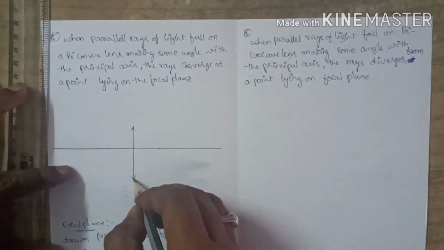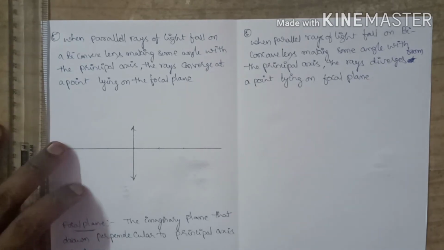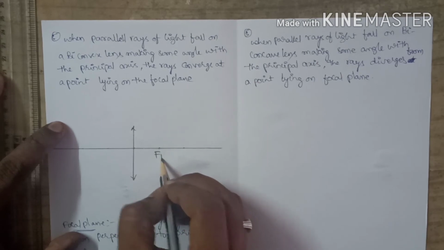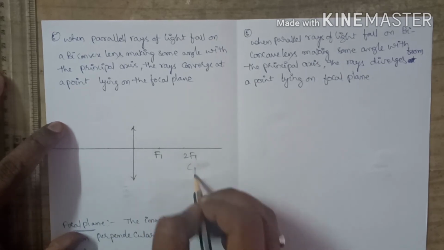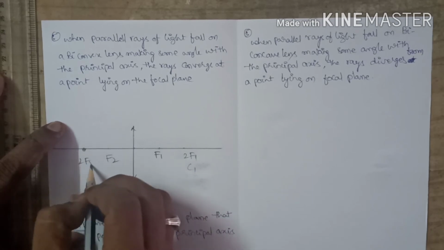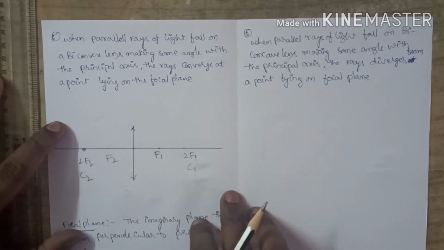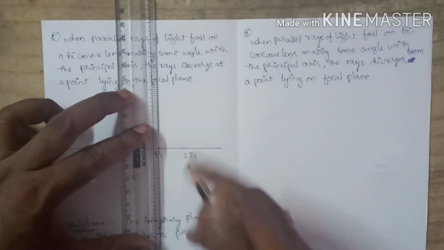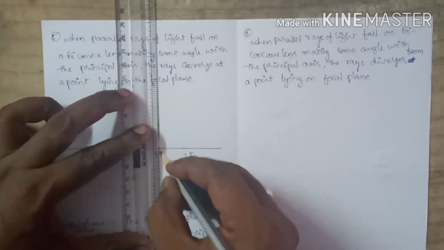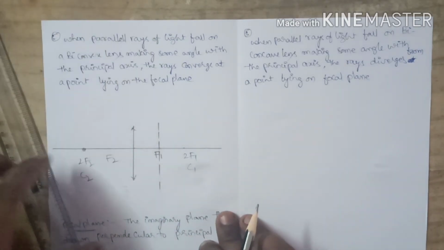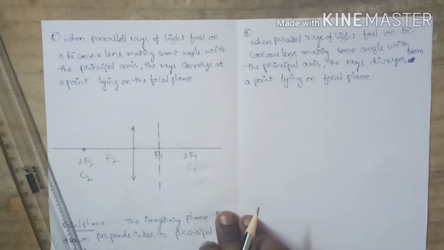At the optic center, we should draw the biconvex lens. This point is F1 to F1. This is center of curvature 1, F2 to F2, center of curvature 2. Now, before that itself, I am drawing the focal plane. The focal plane is nothing but the imaginary plane which is drawn perpendicular to the principal axis at the focus.